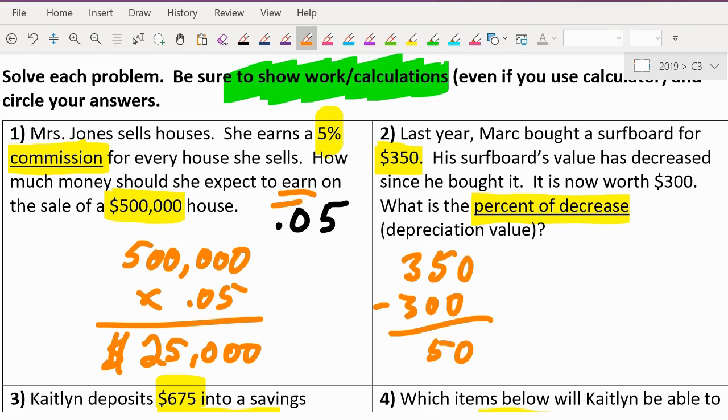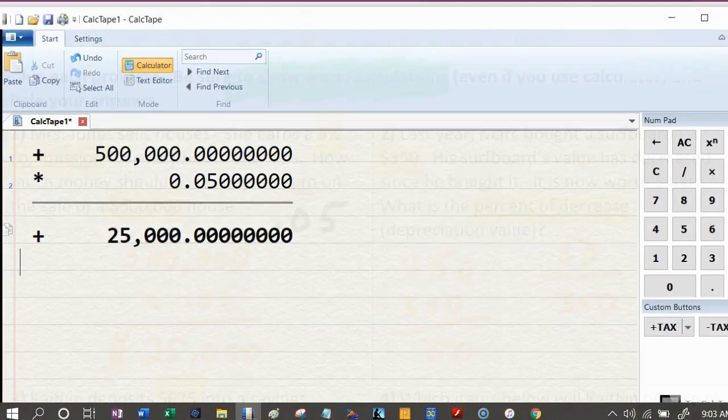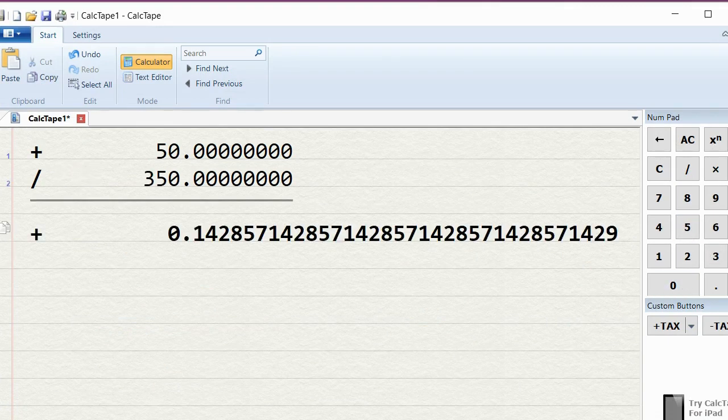You just divide it. Watch. 50 was the change out of 350, the original. So we do 50 divided by 350 on our calculator.